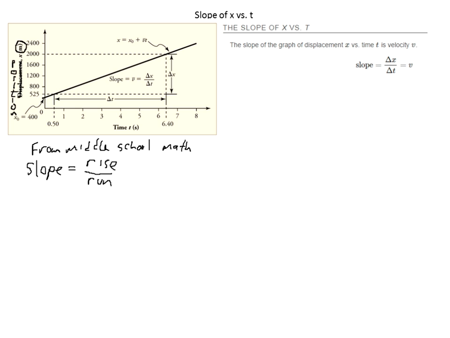So rise basically means the change in the vertical variable divided by the change in the horizontal variable.